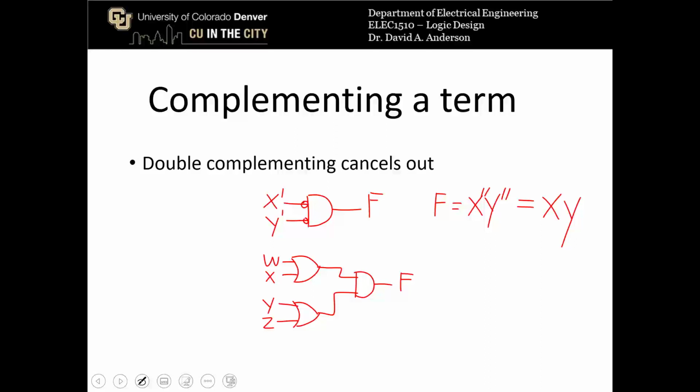And if I add bubbles to the outputs of the OR gates and bubbles to the input of the AND gate, those will cancel out. Any two bubbles on a single line cancel each other out. And so I'm back to the original function. That's going to prove very useful for us in the future in manipulating how these circuits look.